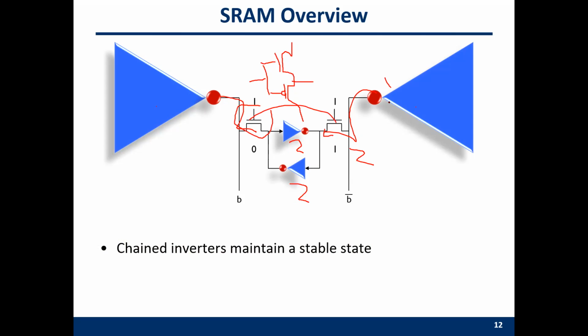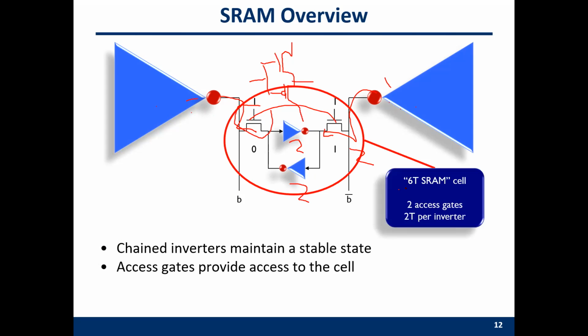These two are the sense amplifier. It's not the cell. These two are the sense amplifier, so we do not count them. So this is the so-called 6T, 6 transistor SRAM. So this is the so-called 6T SRAM.